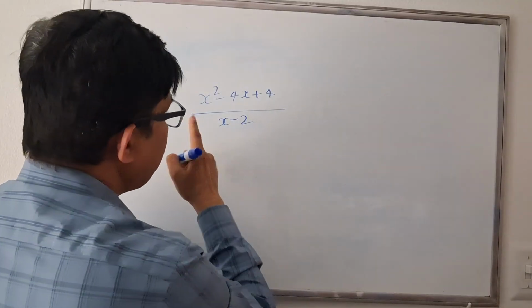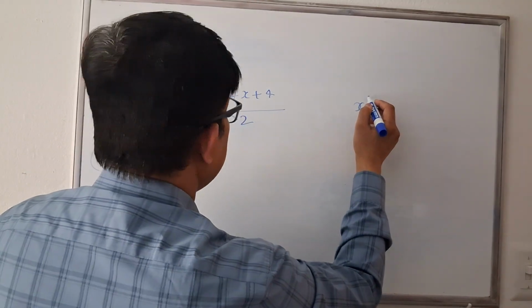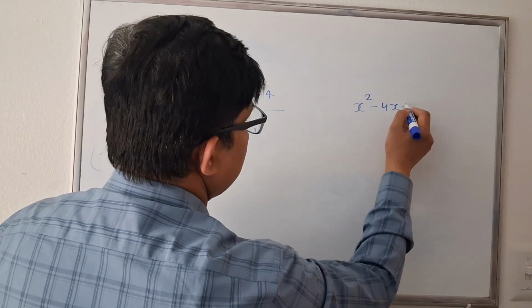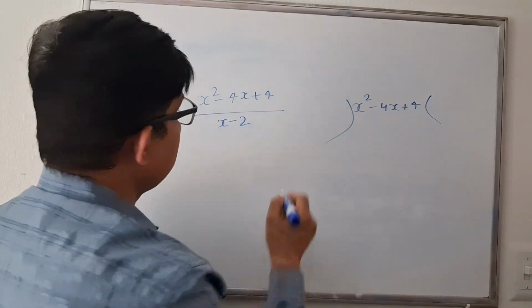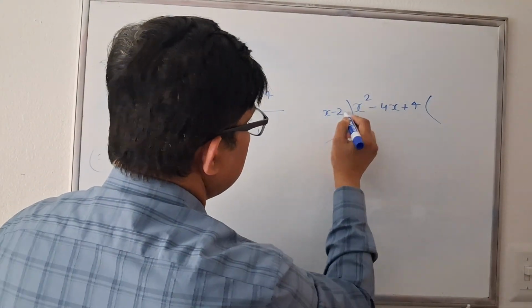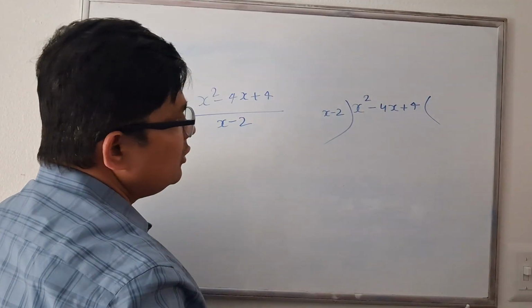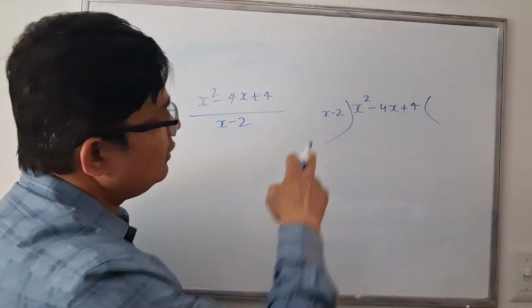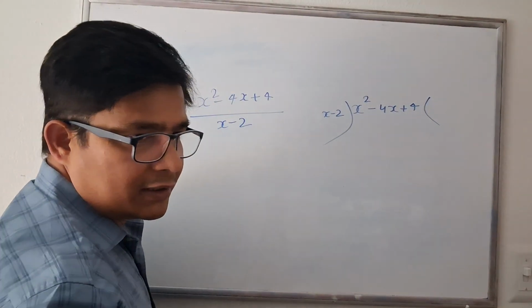Okay. So I will try to do this thing. x square minus 4x plus 4, I will solve like this, using normal division of numbers, divided by x minus 2. Now, in such division, my goal is to remove the first term, then the next term, then the last term. Okay.